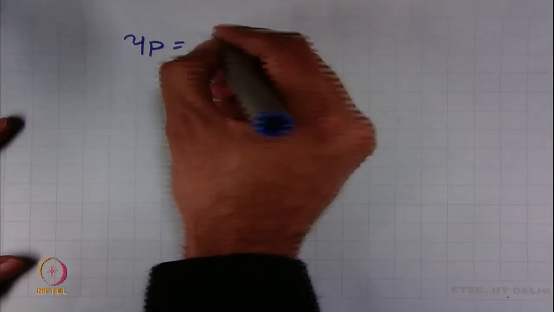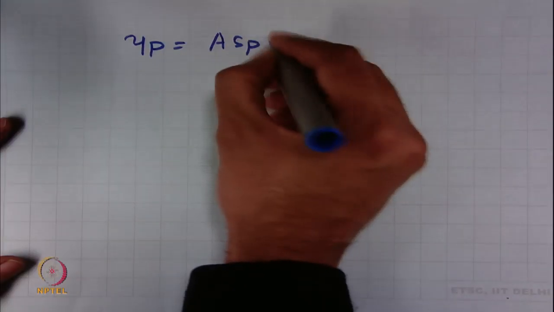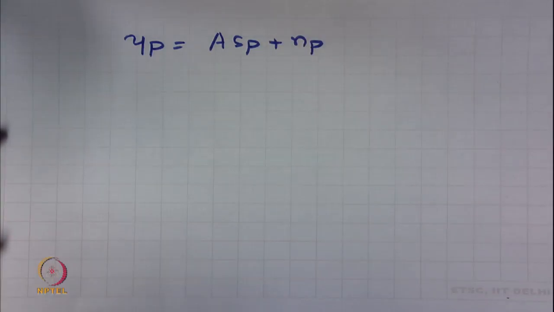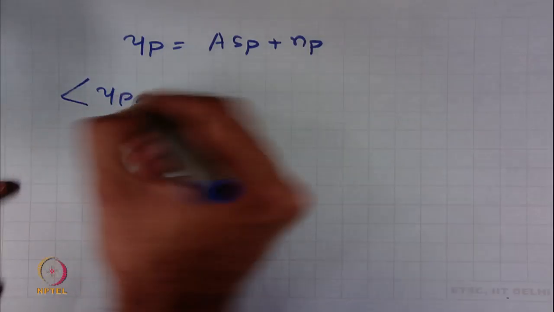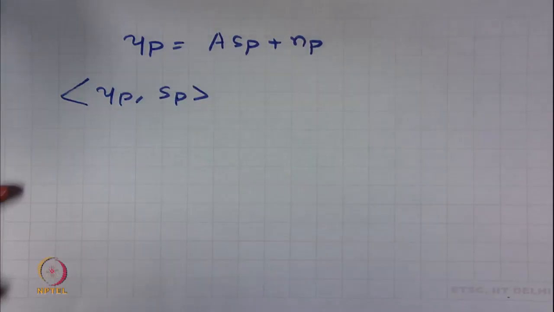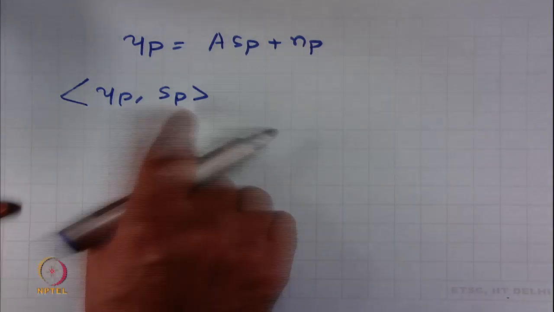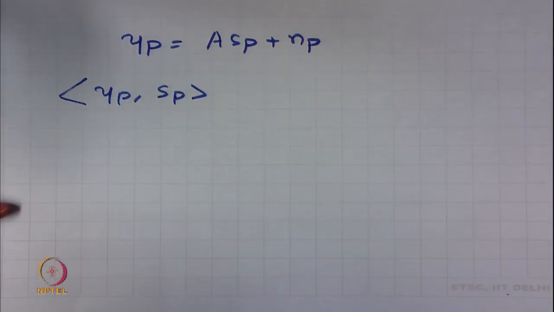So, let me assume a very simple case that whatever I am receiving is A SP plus NP, and let us, without worrying about whether that is an optimal thing to do or not, just take the inner product of YP and SP, because SP was transmitted, and let us see what we get if the receiver does the inner product with the signal that was transmitted.